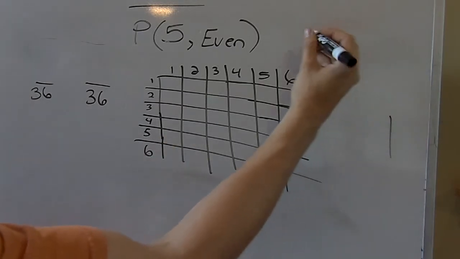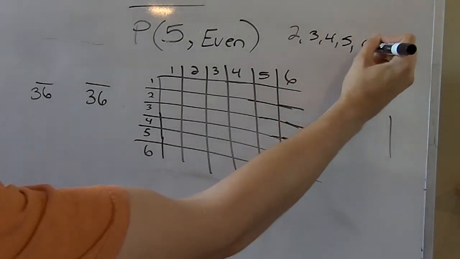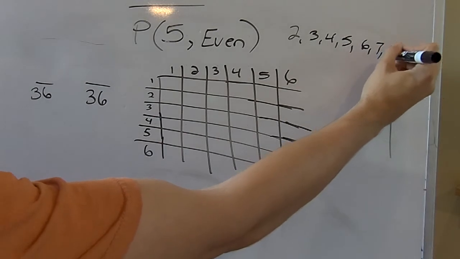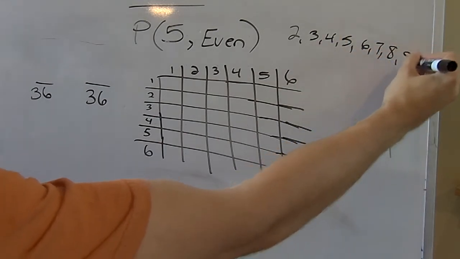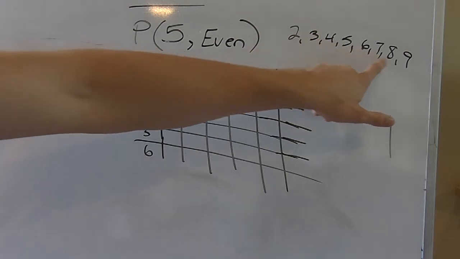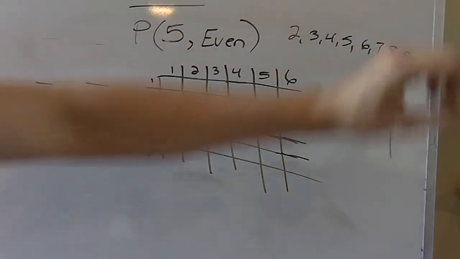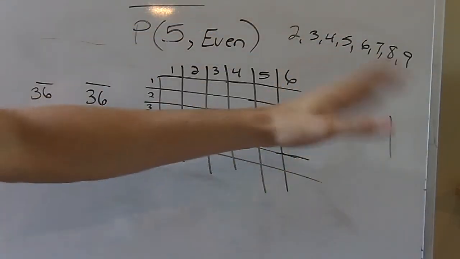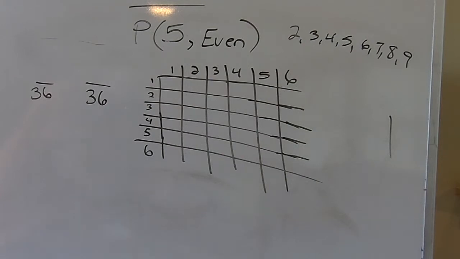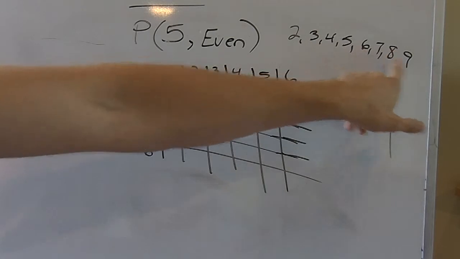If you have sums that total out to be 2, 3, 4, 5, 6, 7, 8, and 9, we have 8 total sums there, and because the number of sums is even, 4 of them must be even numbers: 2, 4, 6, and 8.